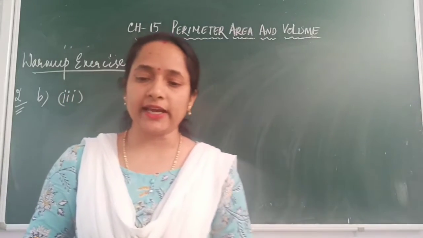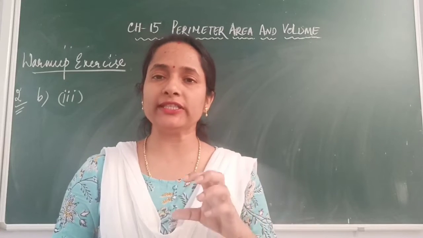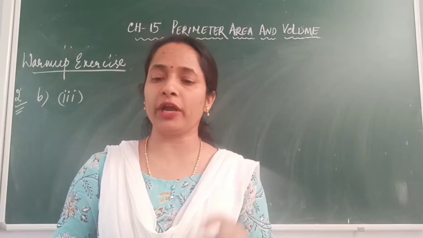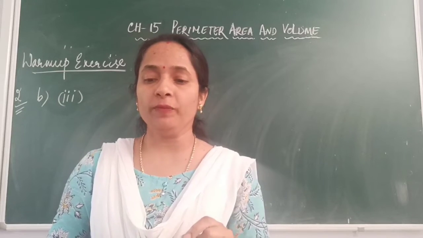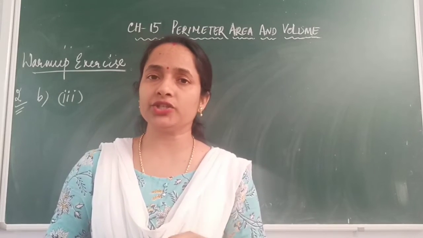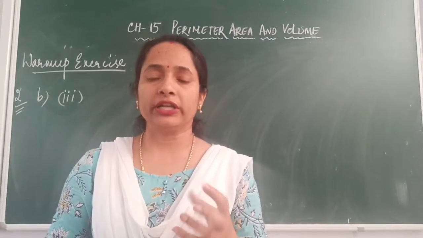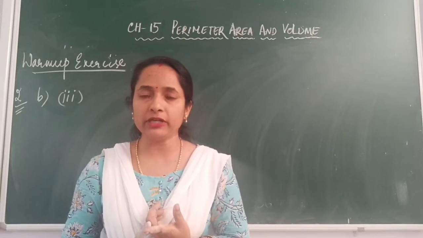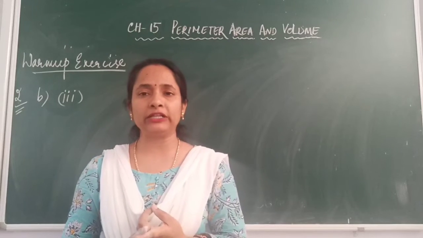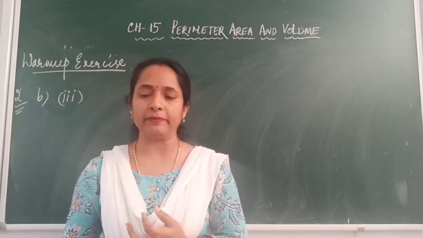Next, let us understand the question given in bit B of question number 2. Here once again a table is given to you and you have to fill the blank spaces provided there. This table is completely based on the perimeter and area of a square. Now what are the formulae related to perimeter and area of a square? The perimeter of a square is 4 multiplied by side, whereas the area of a square is side multiplied by side.